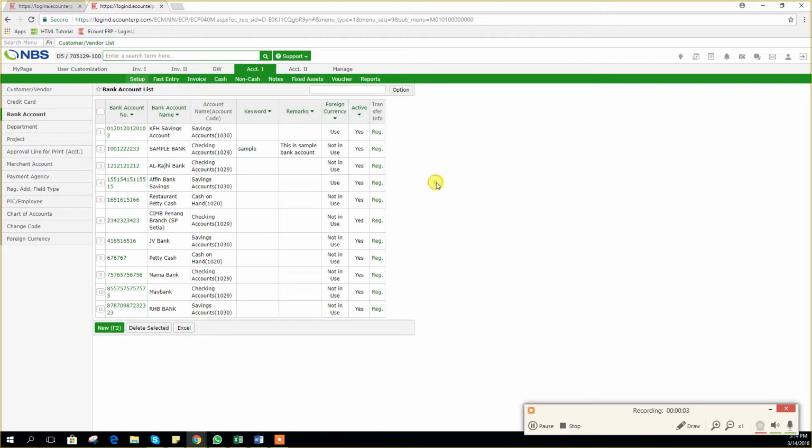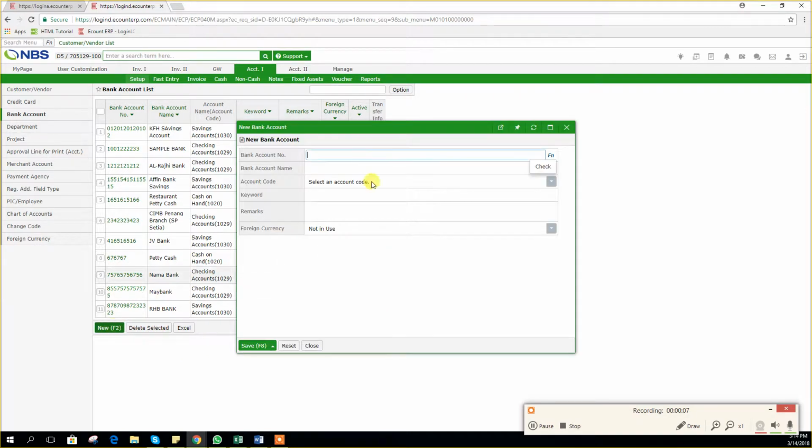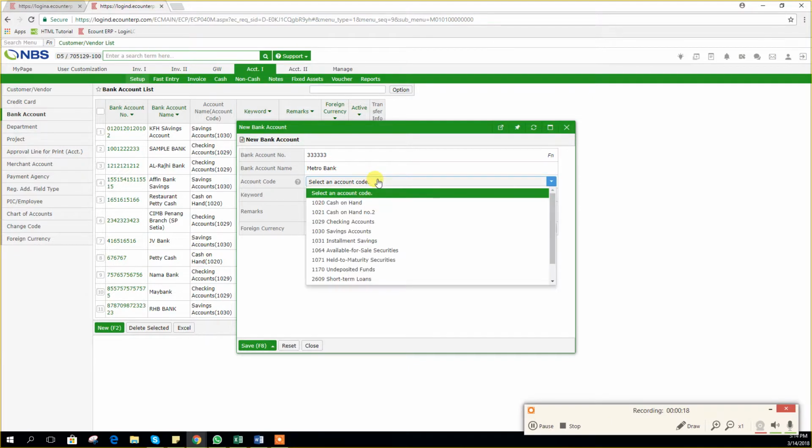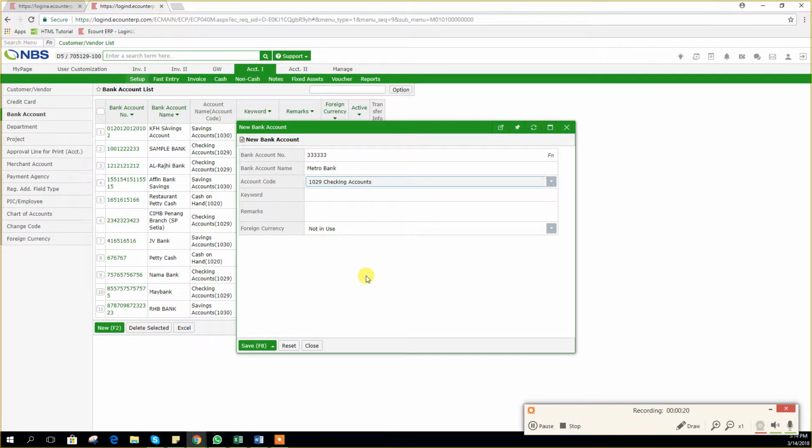So, first of all, we create a bank account to receive and pay money from. We create Metro Bank, and this one by default should be a checking account.